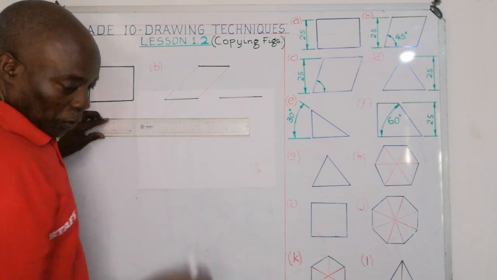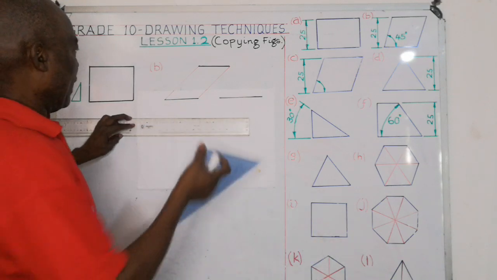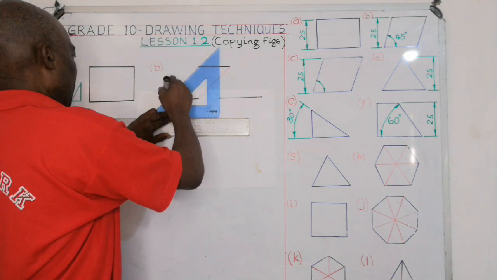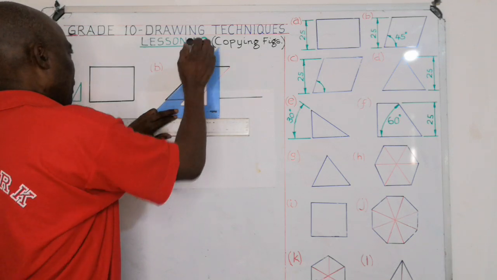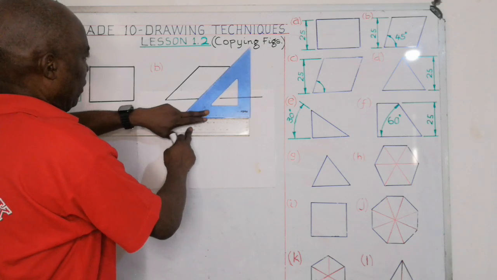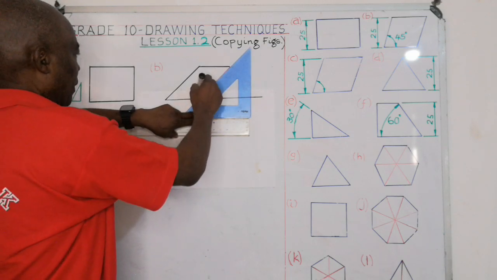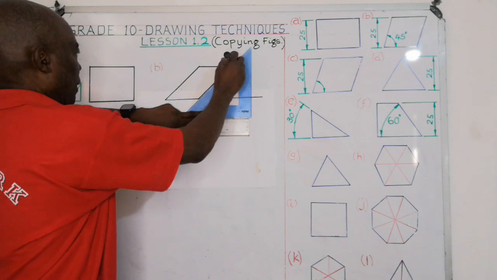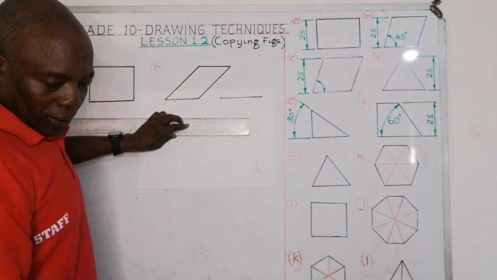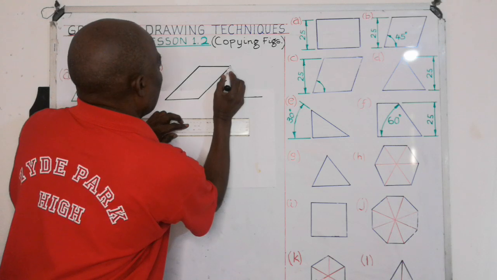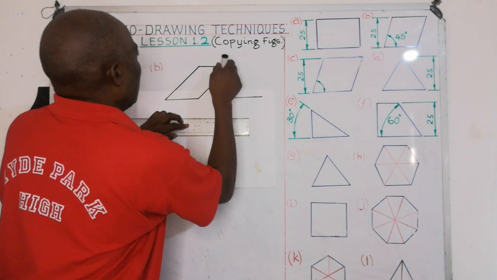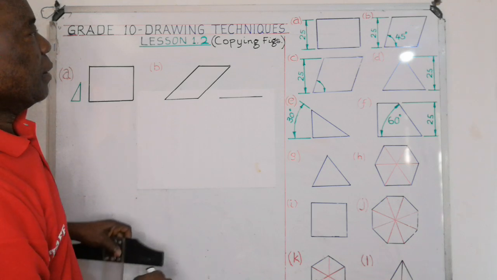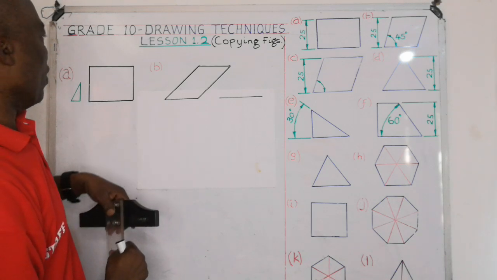When outlining, you also use your T-square and set square like that in conjunction with each other, like that, and then also here, like that, right? So that's how you go about it.